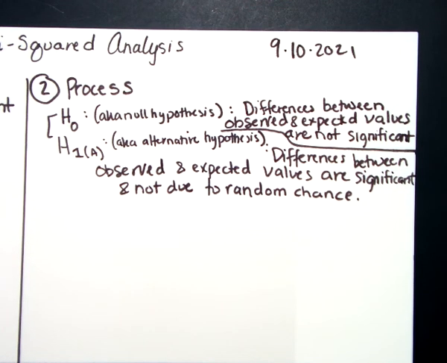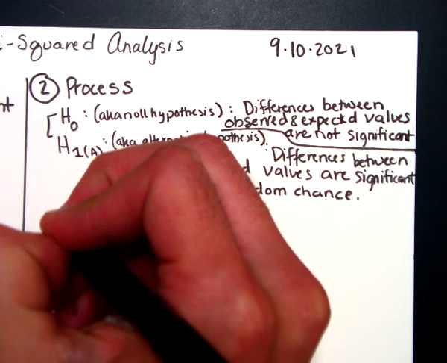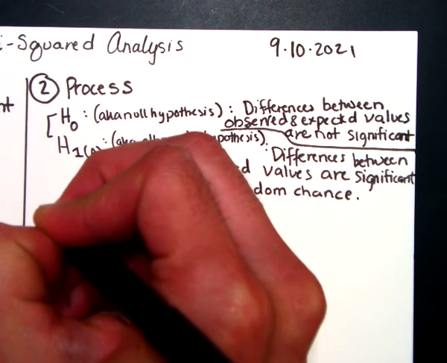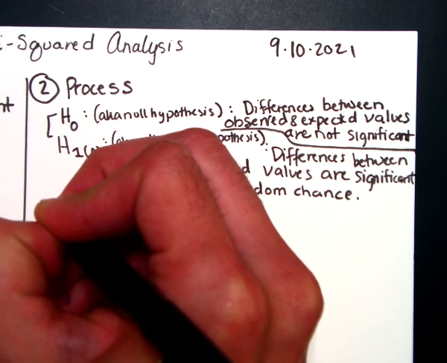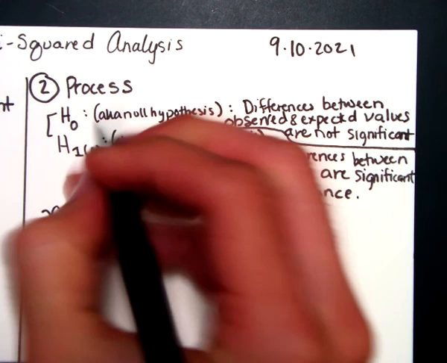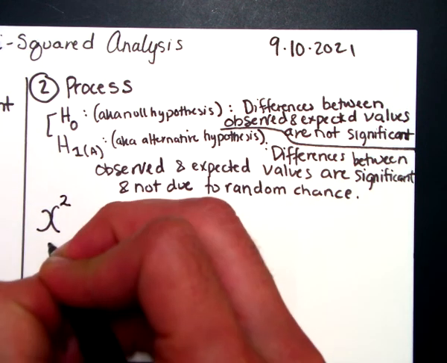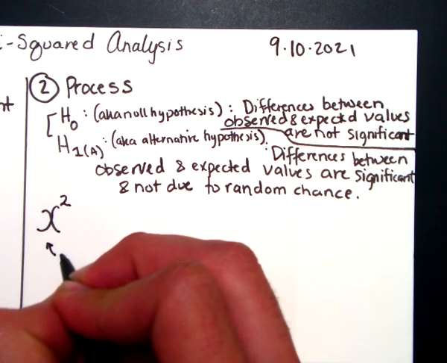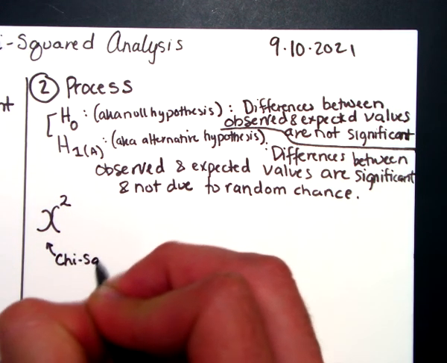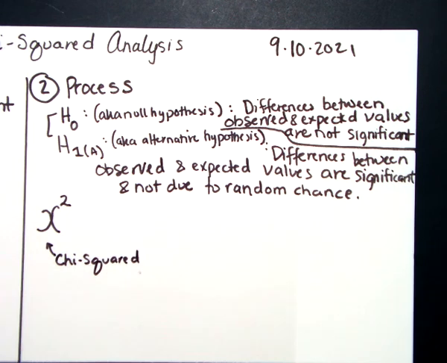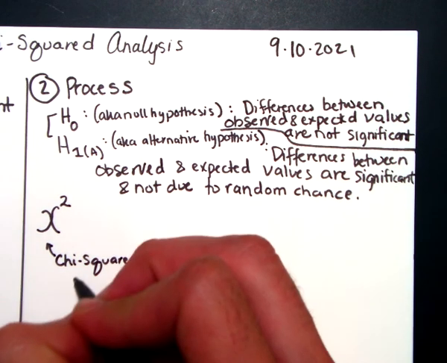Now, how do you actually do that? Well, so that is done through the chi-squared analysis test. Chi-square is represented with this symbol, which is your chi-squared value.